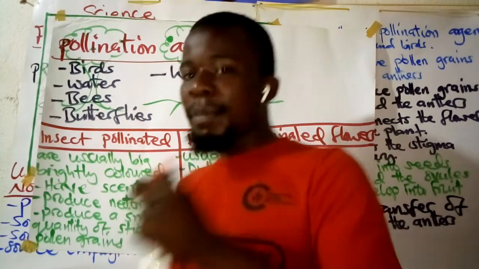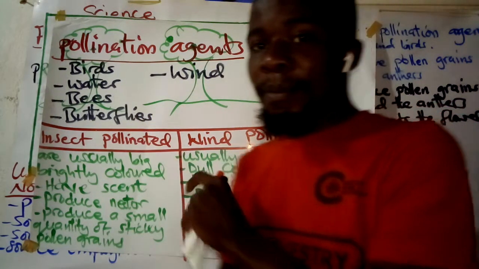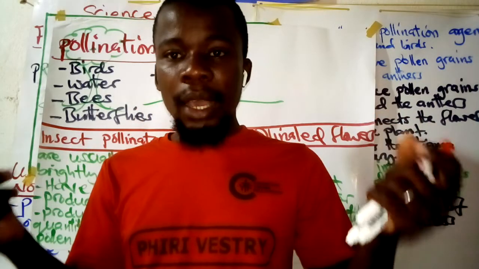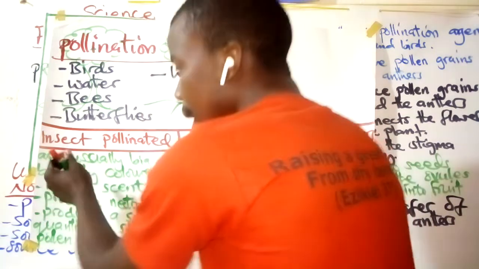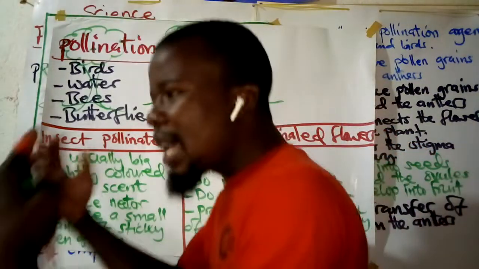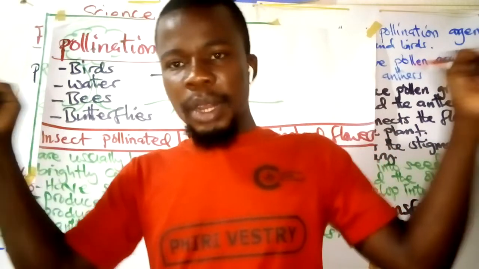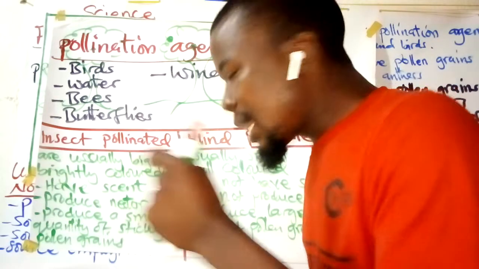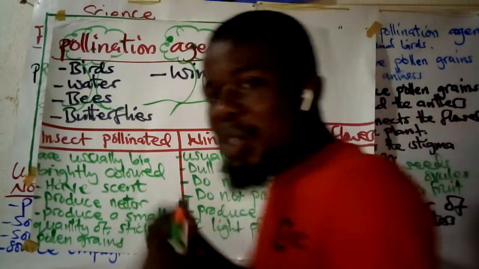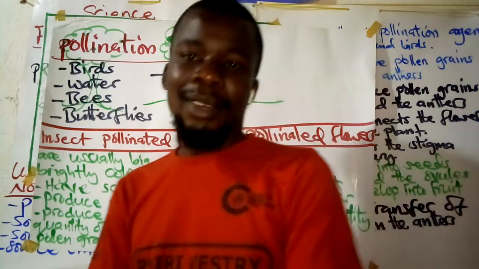The last difference between the insect pollinated flowers and the wind pollinated flowers is the way the anthers are held. The anthers of the insect pollinated flowers are firmly held. Amakhala rigid ndithu bwino. While the anthers of the wind pollinated flowers are loosely held. Tepwa. You get the point?